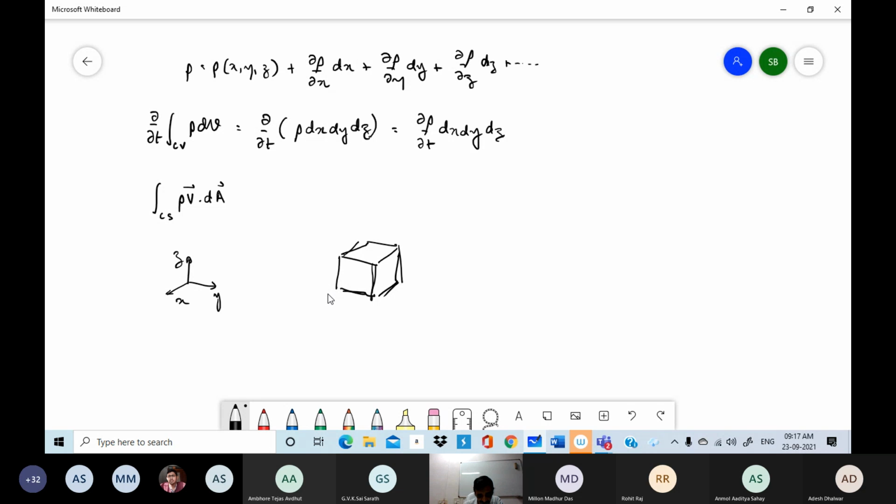So let me first, going in sequence x, y, z, consider the areas which are perpendicular to x. So this is one and this is the other.